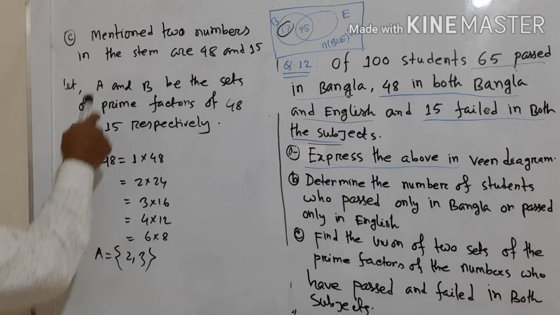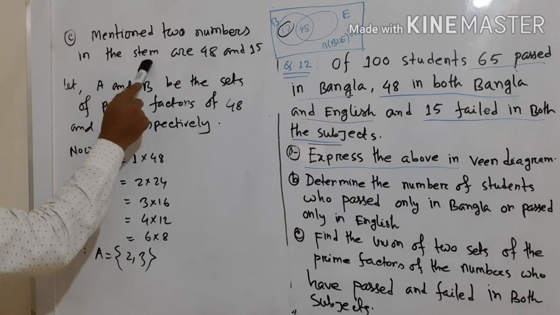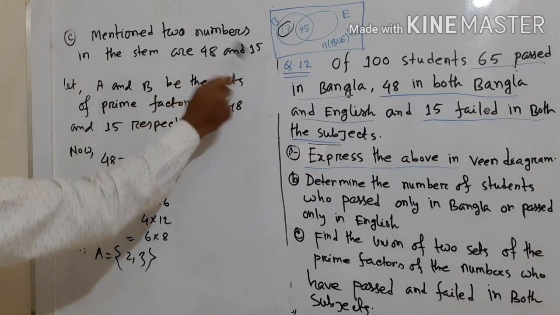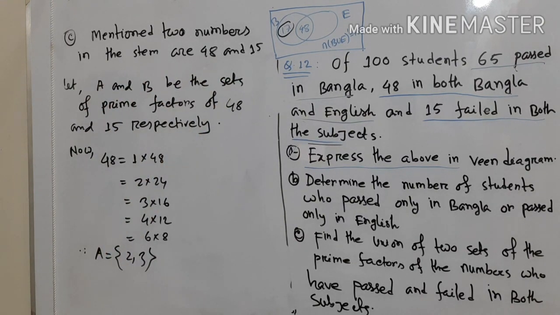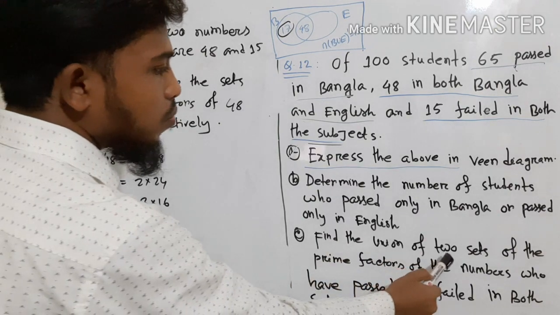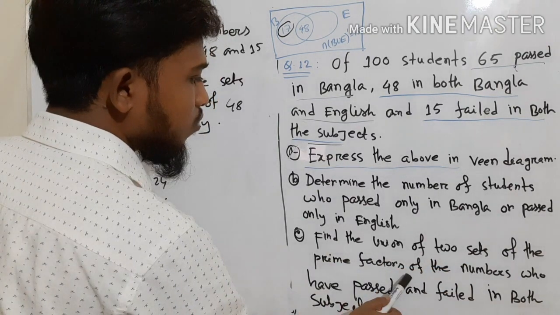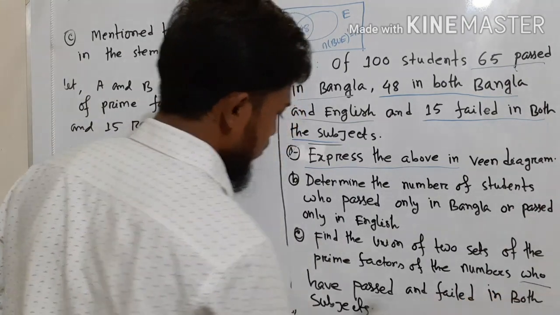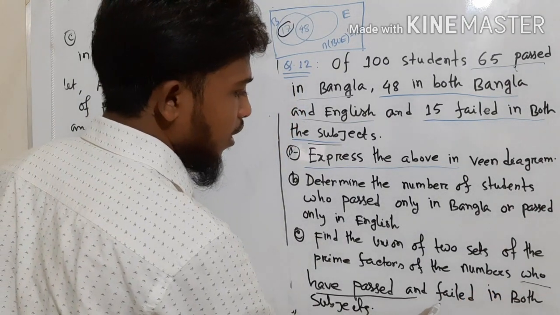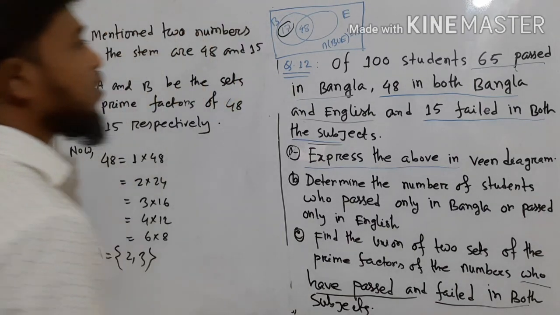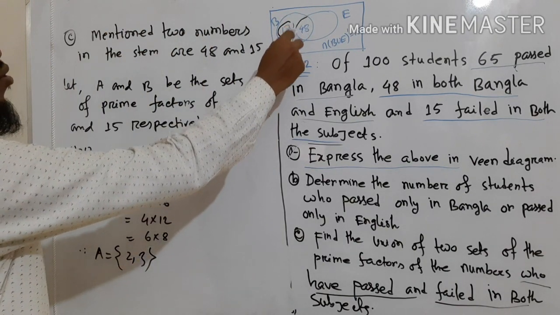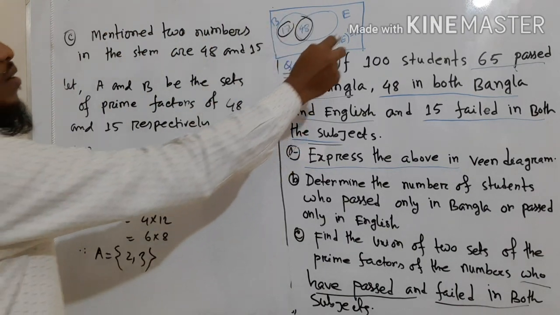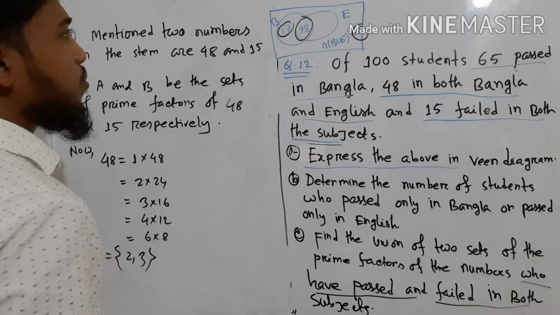Question C: mention two numbers in the stream, 48 and 15. Here find the union of the two sets of the prime factors of the number who have passed in both subjects and failed in both subjects. Here the number who failed in both subjects is 15.